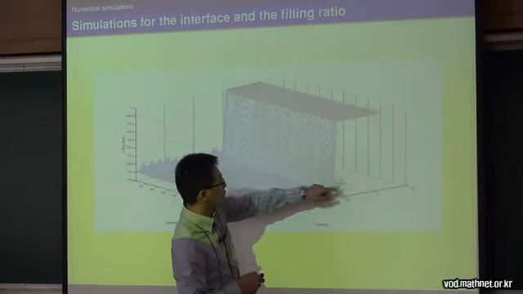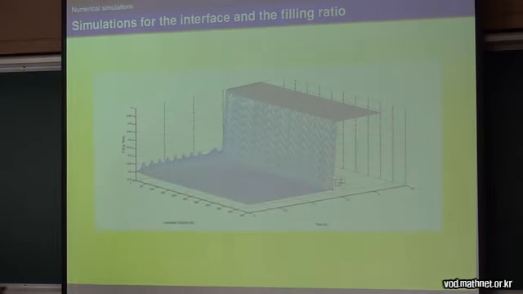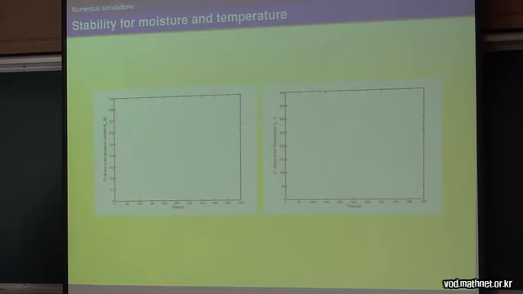This is 1.37, the equilibria position. Okay. This axis is the filling ratio. And you see the simulation of the moisture and the temperature, the difference with respect to their equilibria. So they are both going to 0 very fast.